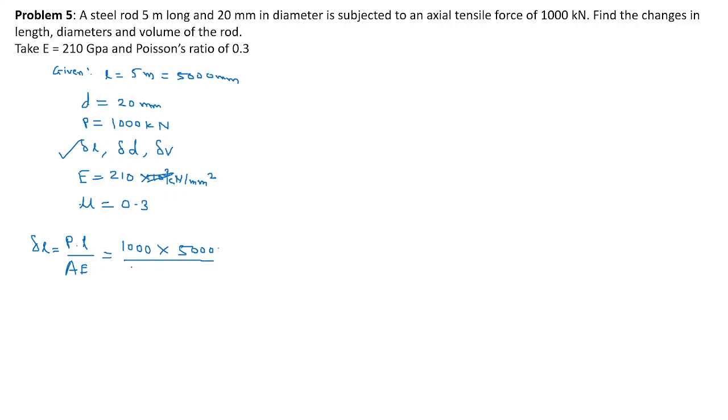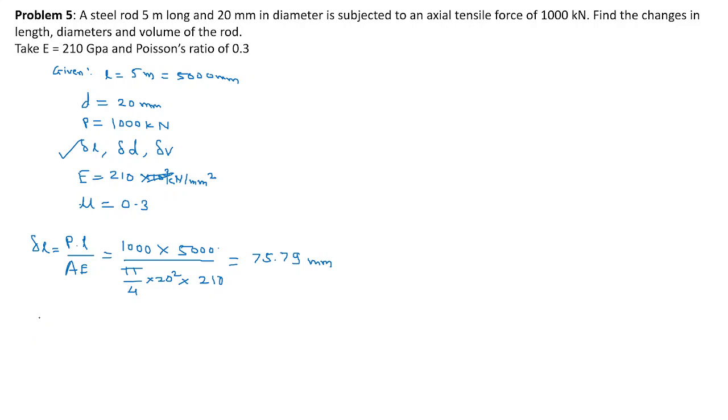Then area is pi by 4 D square, means 20 square, into E is 210. Calculate it. It will be 75.79, unit is mm. That is delta L.